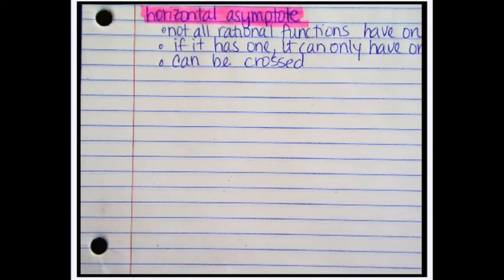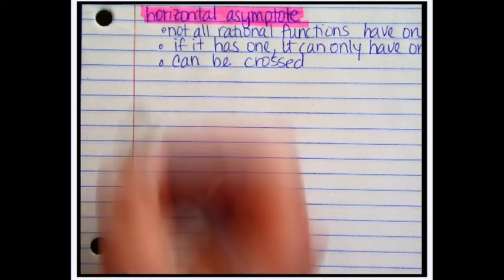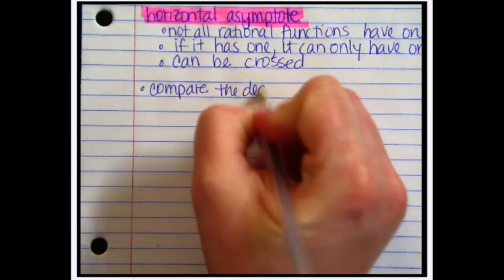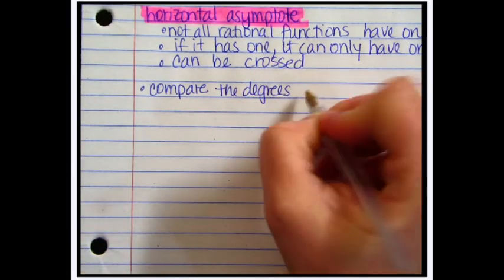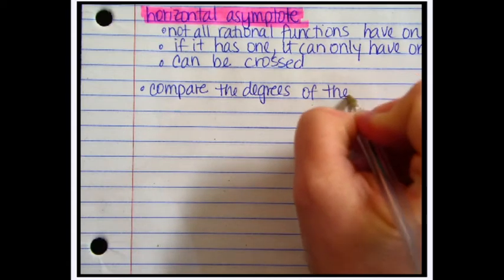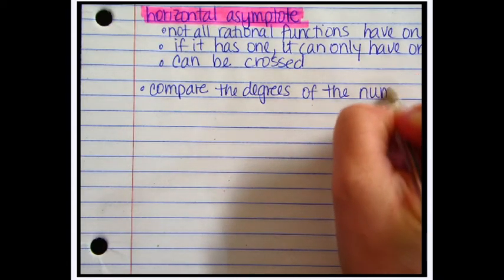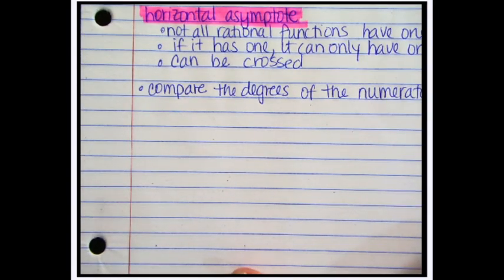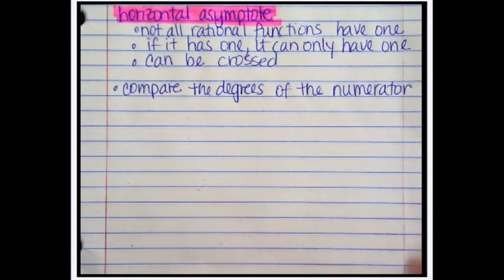So horizontal asymptotes, to find them, we have to compare the degrees of the top and the bottom. So we're going to be looking at what is our highest power on the top and the highest power on the bottom.